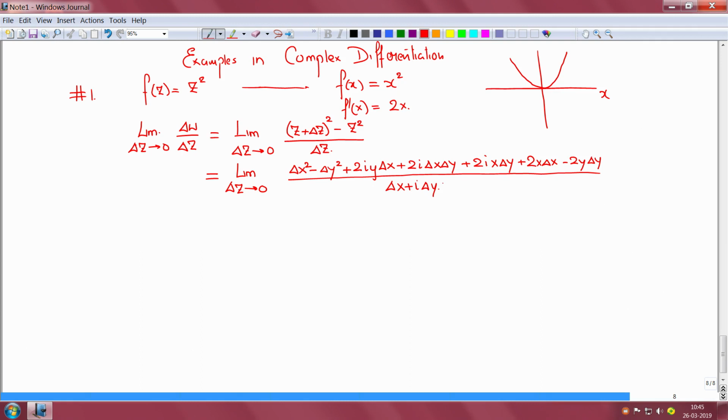Just to remind you, I am replacing delta z as delta x plus I delta y. Now, here delta z tending to 0 implies that delta x can go to 0 and delta y can go to 0 independently.